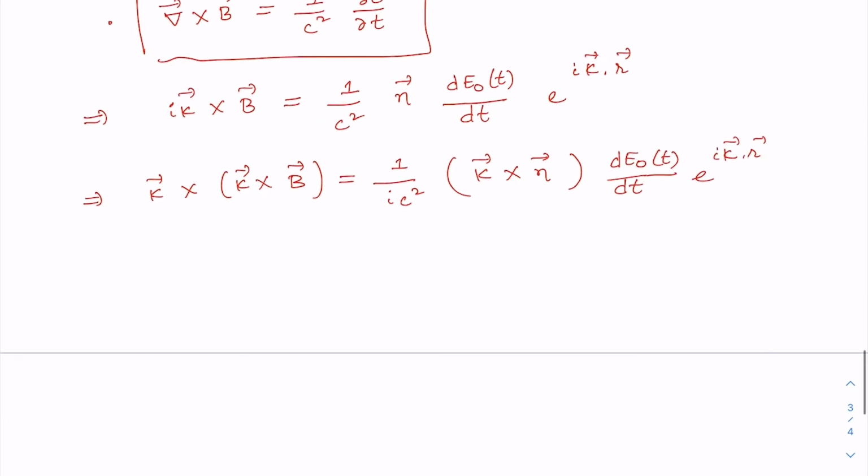Now we know this rule from vector algebra.